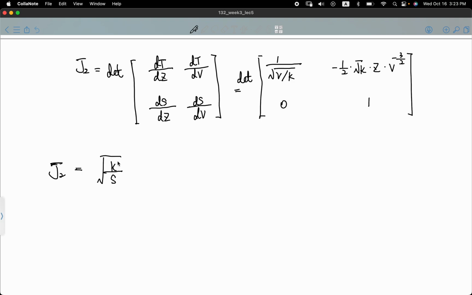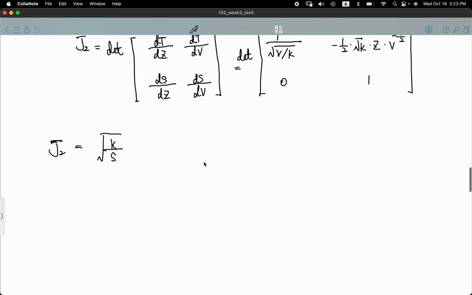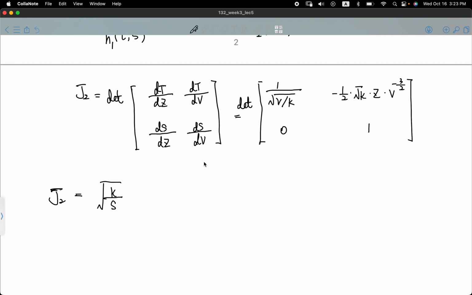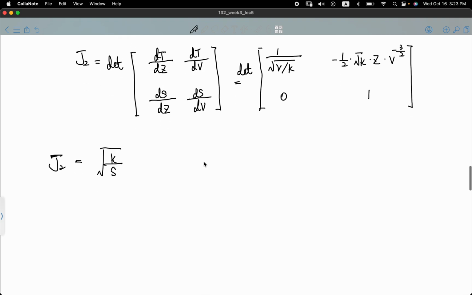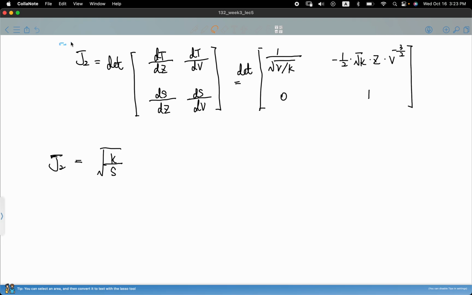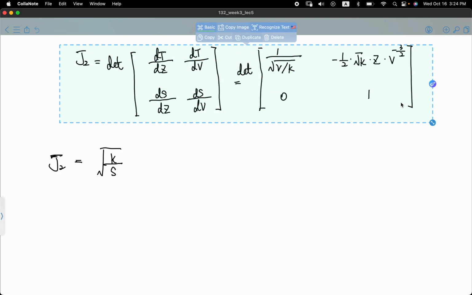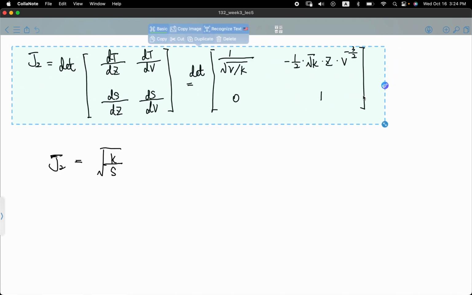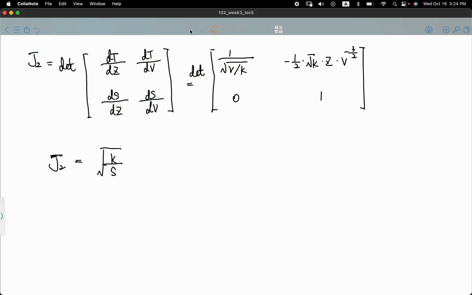Okay, after that, we need to get the distribution. So square root of k over s. Okay, then I can remove this part.